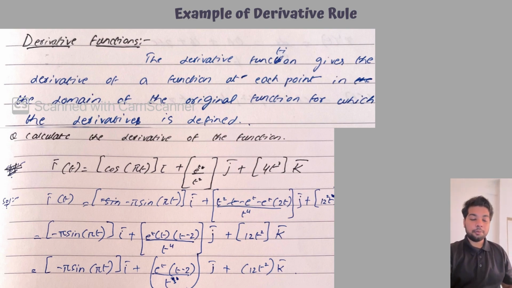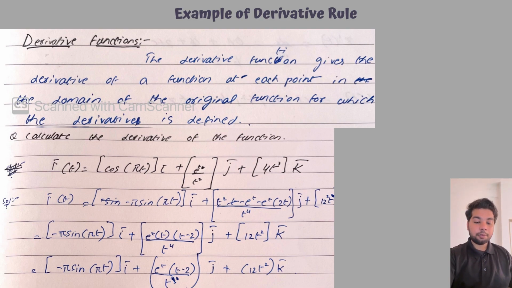Let's take the derivative of this function: cos(πt) i plus e^t/t^2 j plus 4t^3 k. Now to simplify this, let's take the derivative of the i, j and k components. For cos(πt), we have to go for negative π sin(πt).